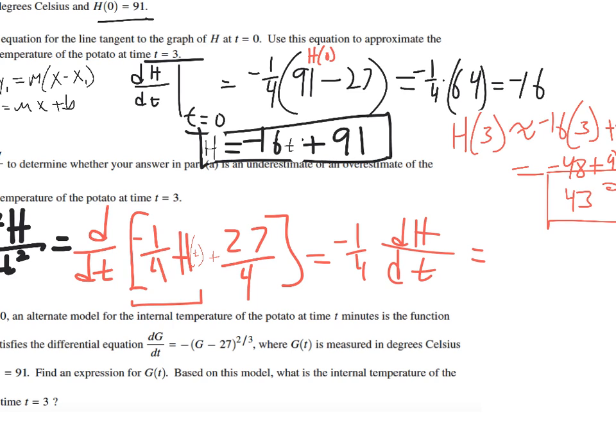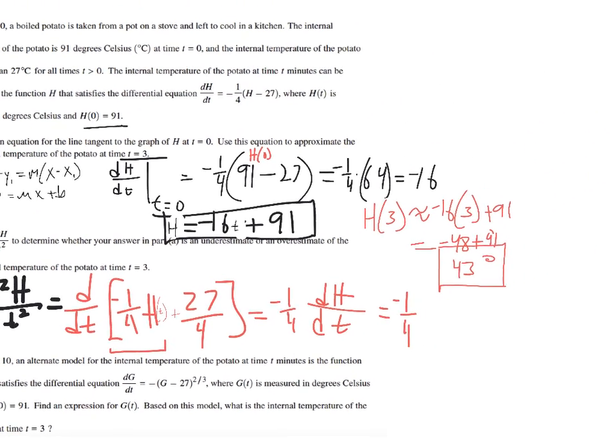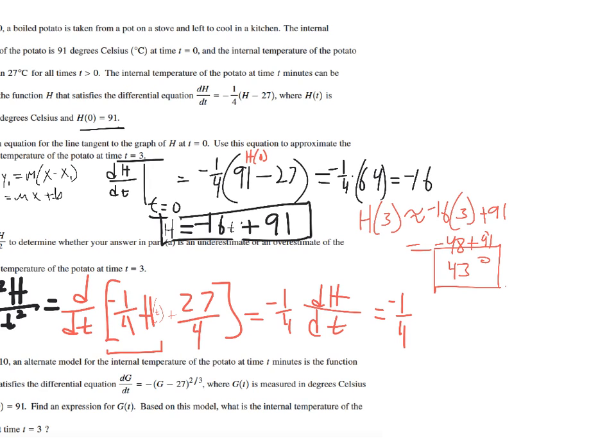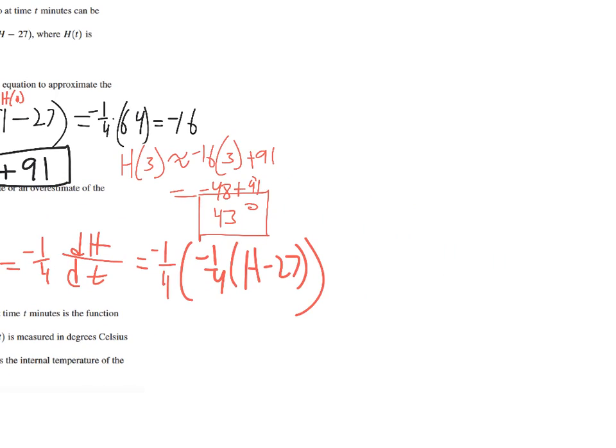And we actually know the derivative of h. The derivative of h is given to us in the equation, right? So we have -1/4 times -1/4 h minus 27. And if we distribute that out, we have 1/16 times h minus 27.